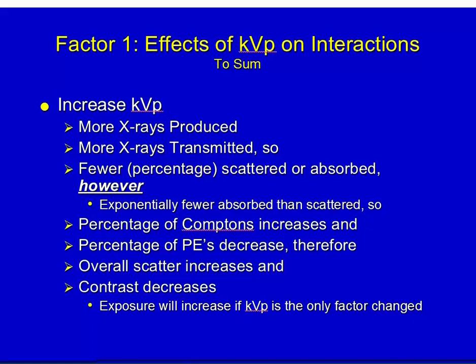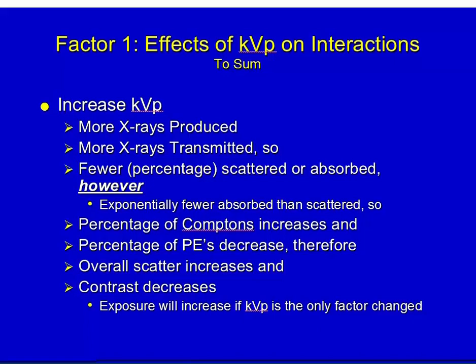To sum it up, increased kVp, we get more X-rays produced, we get more X-rays transmitted, so we get fewer percentage scattered or absorbed. However, we get exponentially fewer absorbed than scattered. So the percentage of Comptons increases, the percentage of photoelectrics decreases. So what we wind up with is more overall scatter and a decrease in contrast.